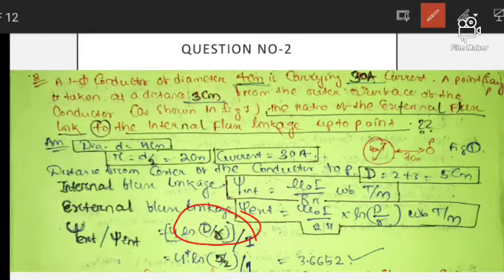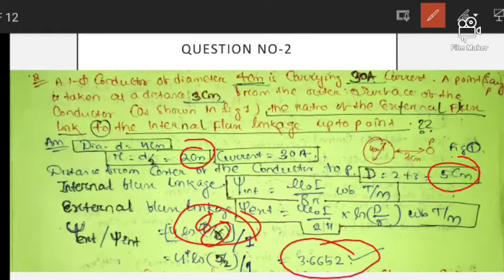After calculating this and putting the distance value d equal to 5 cm and radius value r equal to 2 cm, divided by 1, we will get 3.6652. So this is your answer.